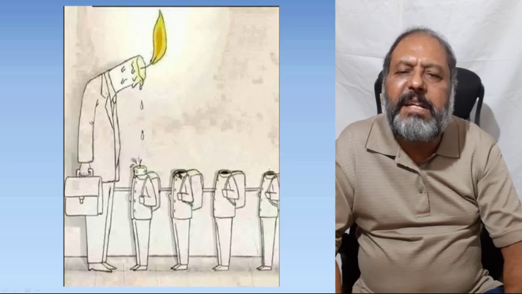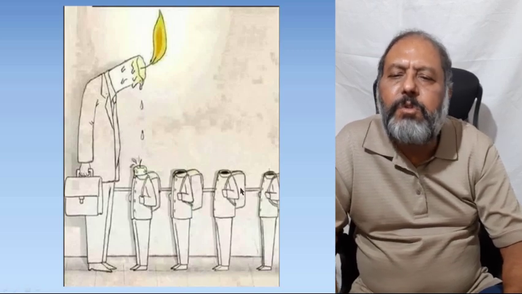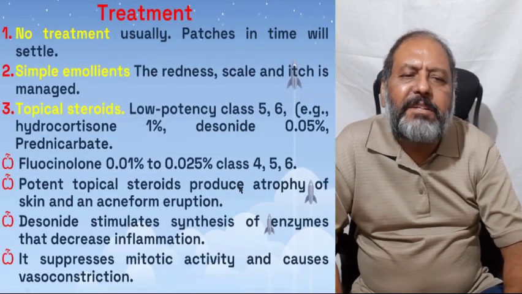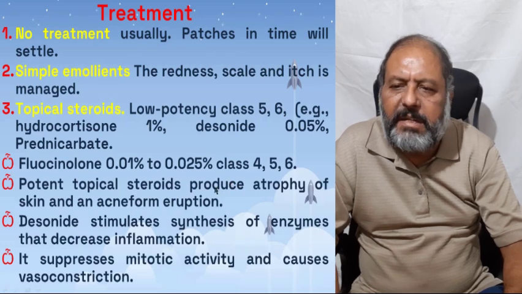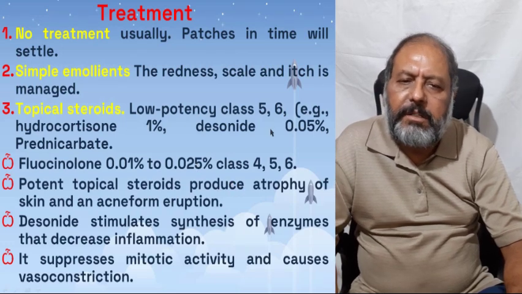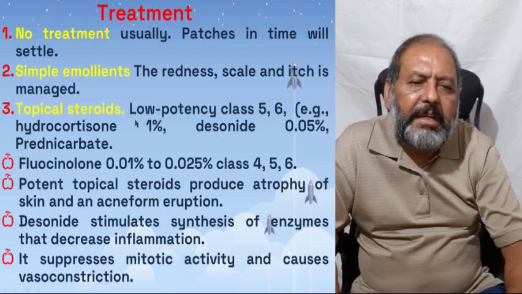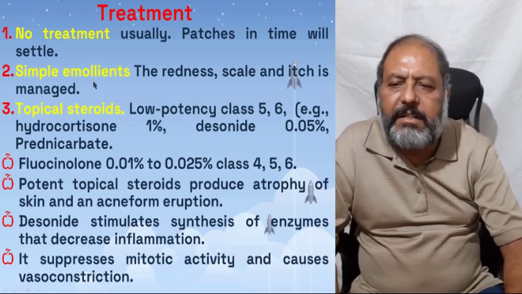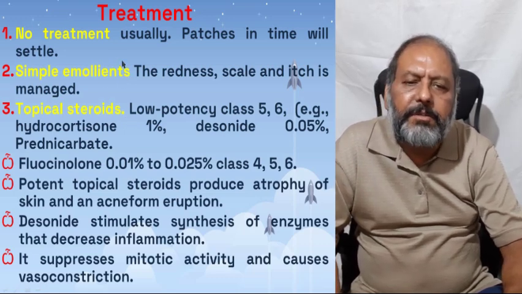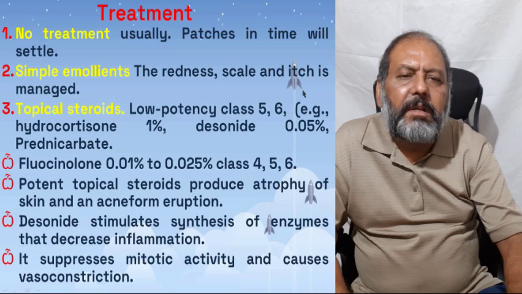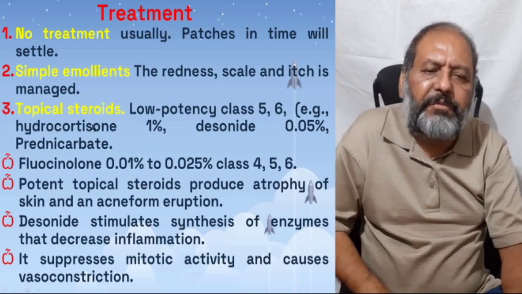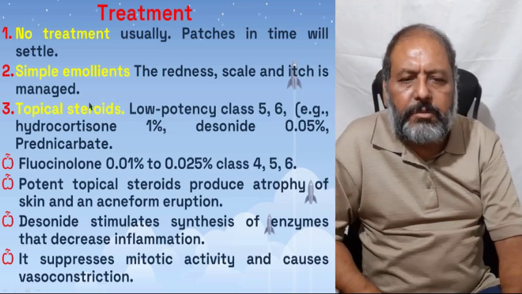Now, coming to the treatment, there is usually no treatment. Patches will settle automatically in time. With simple emollients, the redness, scale and itch are managed. Topical steroids of low potency class, which can be applied on the face, are used only.